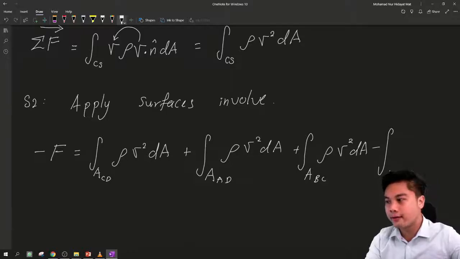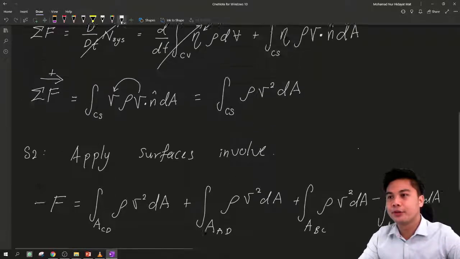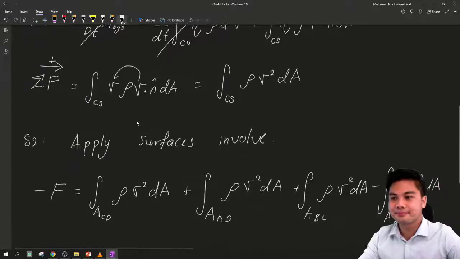The integration over area AB, rho V squared dA. This is the most important form of the Reynolds transport theorem applied to this case.